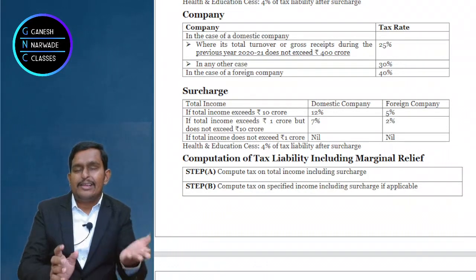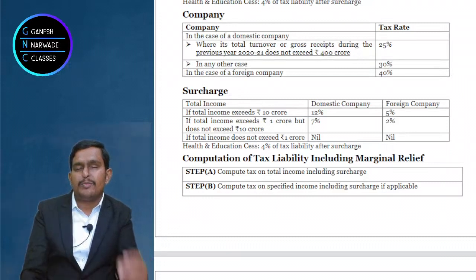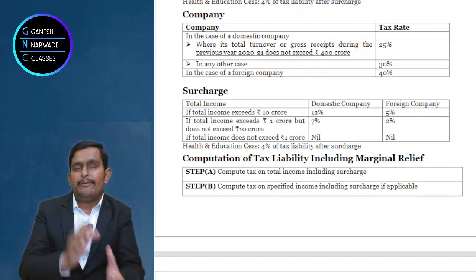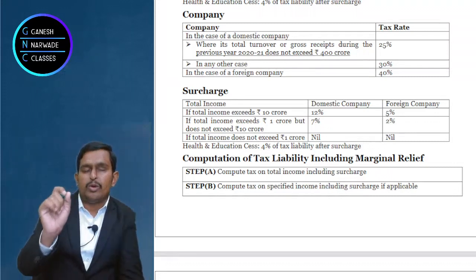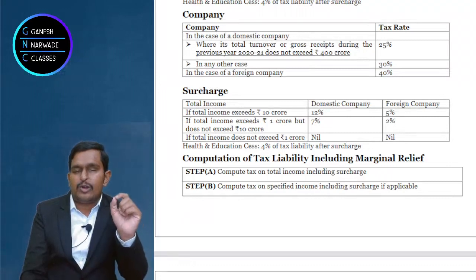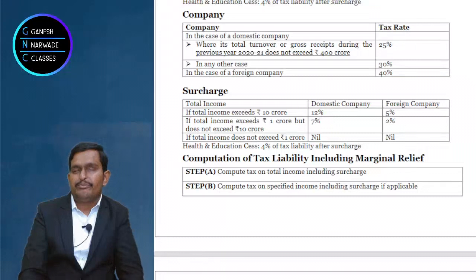And surcharge, if your income is 1 crore 1 rupee or more but up to 10 crores, then it is 7%. And if your income is 10 crore 1 rupee or more, 12% is the rate of surcharge. If your income is up to 1 crore, exactly up to 1 crore, then no surcharge applicable. This is about domestic company.